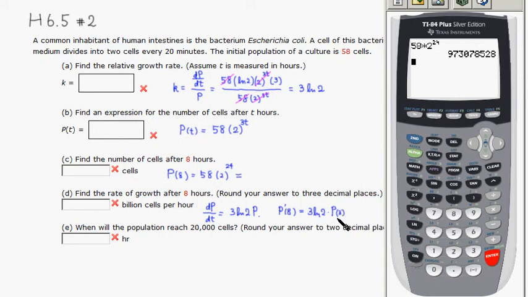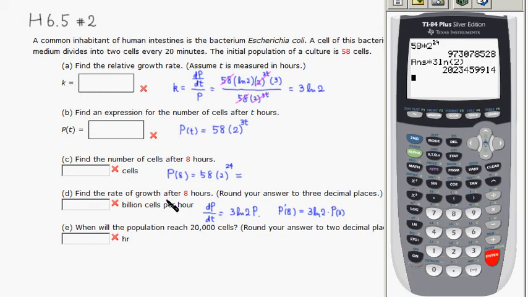P of 8 is just the answer from part C, so we take the answer from the previous one and multiply by 3 natural log of 2. So we're going to get this.